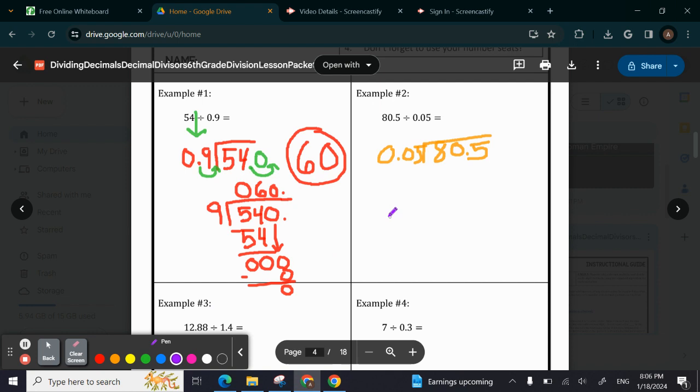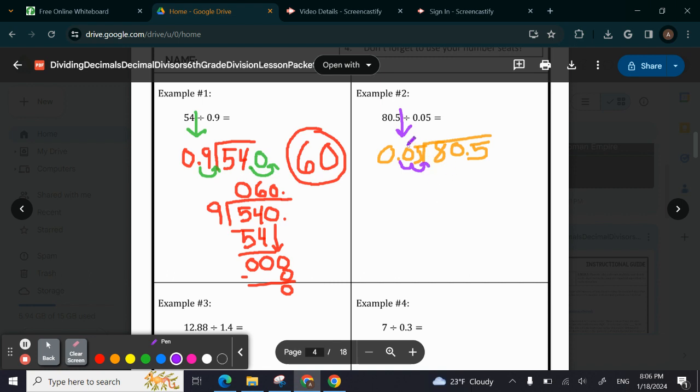So step 1 is to make the divisor a whole number. How many times do we have to move the decimal point to the right to make 0.05 a whole number? Well, let's see. 1, 2. We have to move it 2 times.